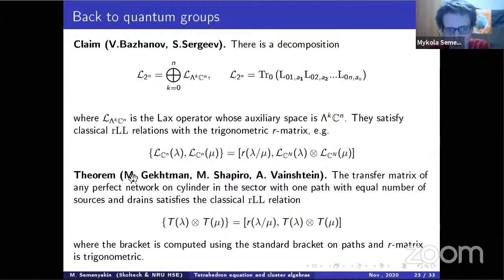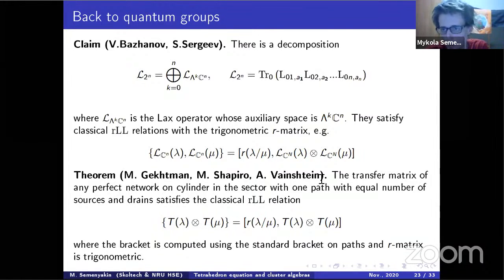In Gekhtman, Shapiro, and Vainshtein, in the original paper about networks, they didn't make a statement about integrability. They made it in the following paper, but for a very particular network, corresponding to the Toda chain.